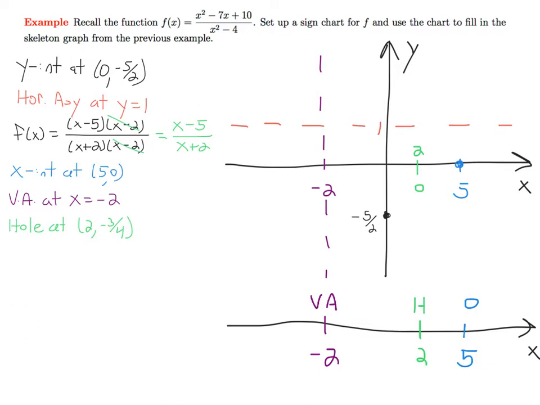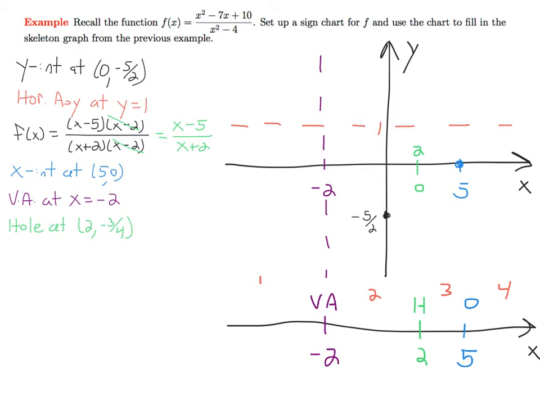And now for each interval, so I've got one interval here, a second interval, a third interval, and a fourth interval between x values where one of these features happened, we're going to pick a test value. And it doesn't matter what x value we pick, I just want to pick any x value less than minus 2 in interval 1.